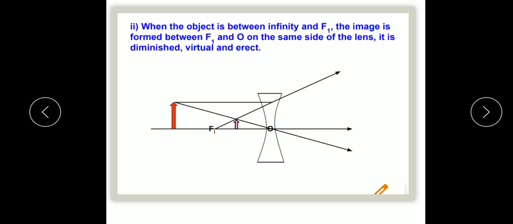If the letters appear enlarged, then the lens is convex, and if the letters appear diminished, that means smaller than the actual, then it is a concave lens. In this way you can distinguish between the convex lens and concave lens without touching them.